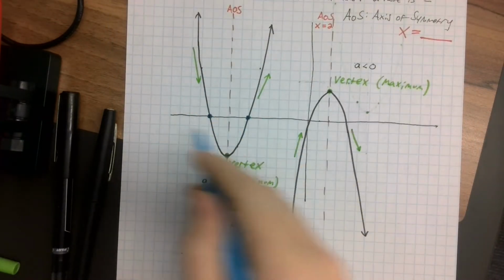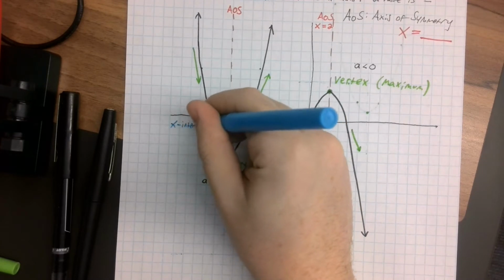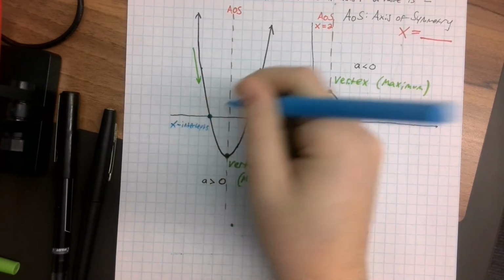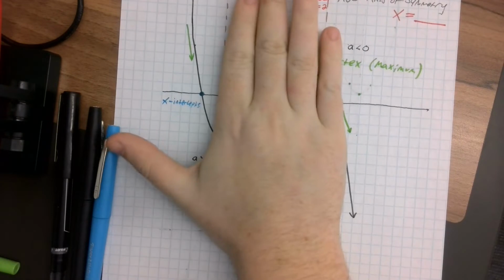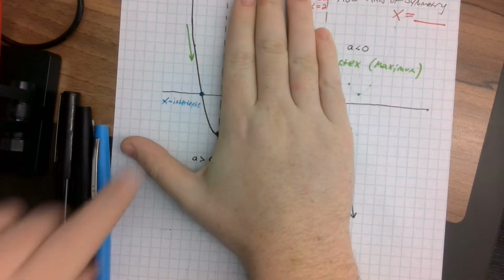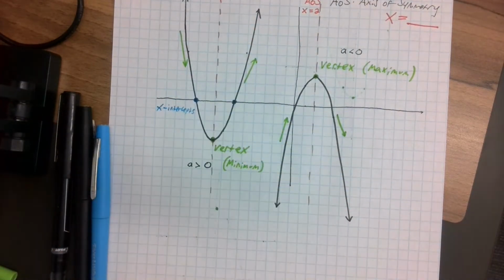These points where it crosses the x-axis are called x-intercepts. And the thing about x-intercepts is they're always mirrored over the axis of symmetry. So if you can find this x-intercept, it's 2 away from our axis of symmetry. We know on the other side it should be 2 away from our axis of symmetry.